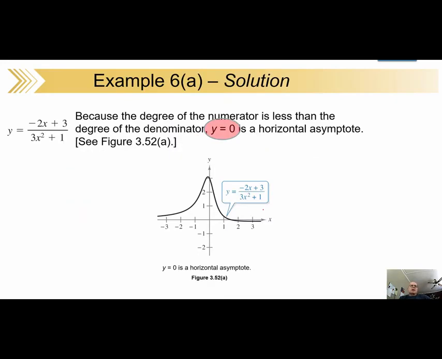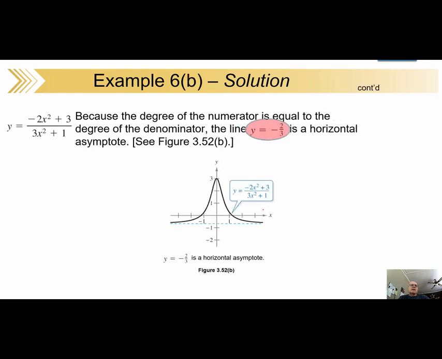There's the first one. That's the one that had y equals 0 as the asymptote. Notice it slips down underneath, but then it is getting closer to y equals 0. Y equals 0 is the horizontal asymptote. For the second one, the degrees were the same, so our horizontal asymptote was y equals negative 2 over 3.